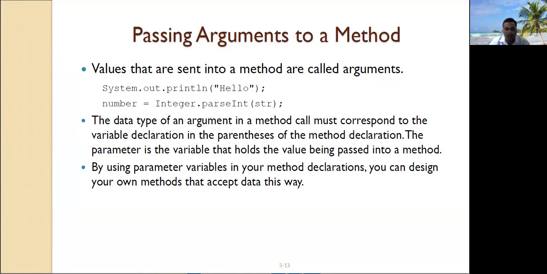At the time of passing the arguments, the type of arguments and the number of arguments passed to the method must match the parameter list. If the type and number of arguments exactly match the parameter list of the method, then that method is executed. Otherwise, it will cause an error if a mismatch happens.